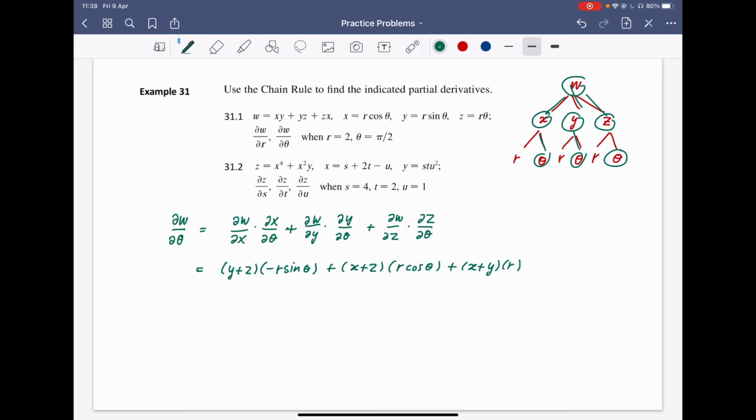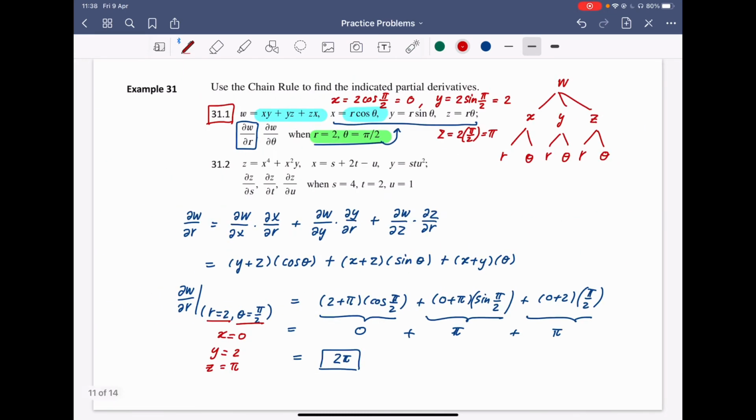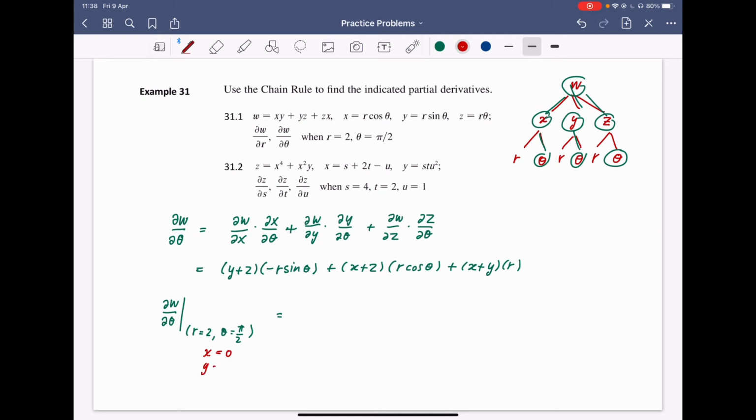All right, now you evaluate the derivative of w with respect to theta at the point r equal to 2 and theta equal to pi over 2. Remember from last time, x equal to 0, y equal to 2, and z equal to pi. You need that to plug in.